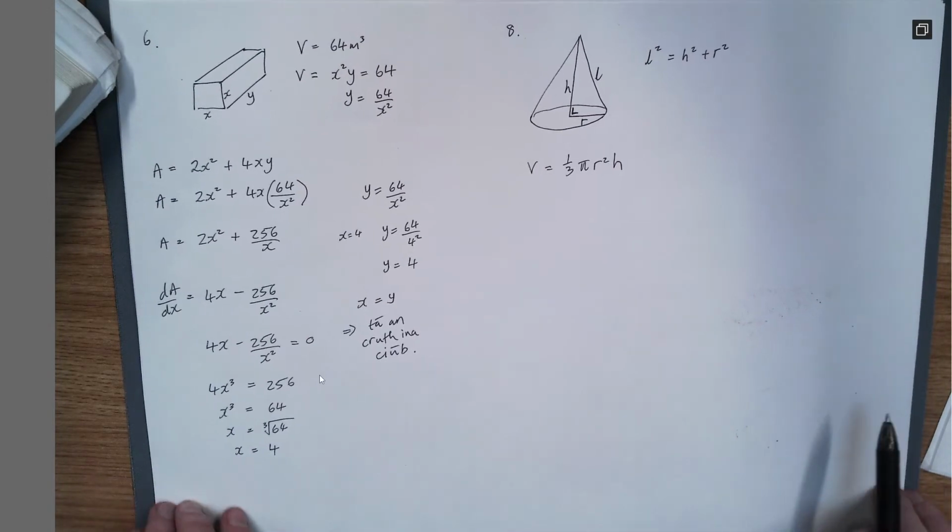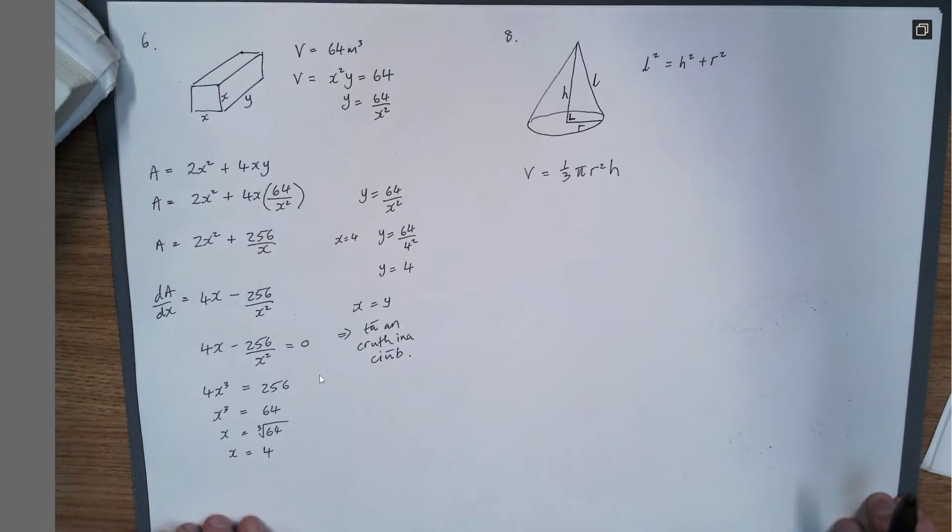Now, V equals one third pi R squared H. We require dV/dL, or dL/dR.